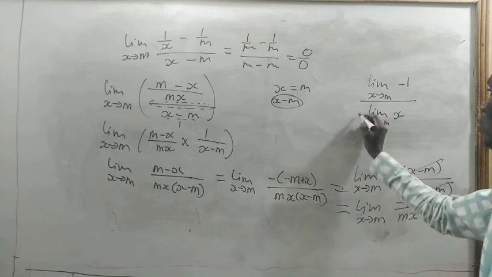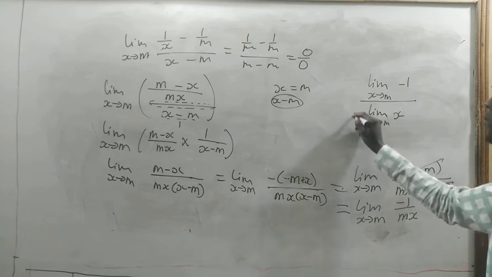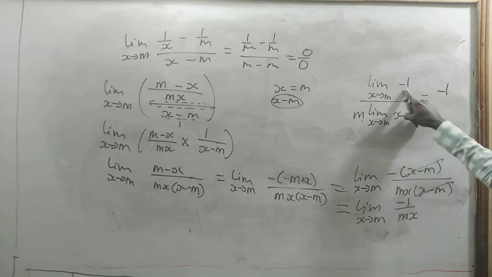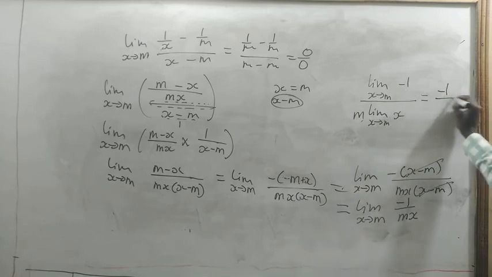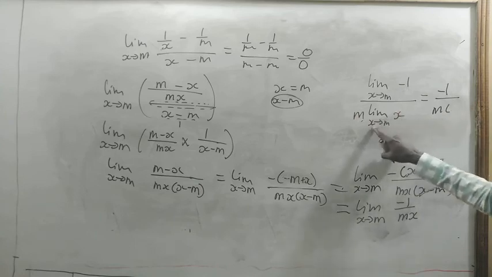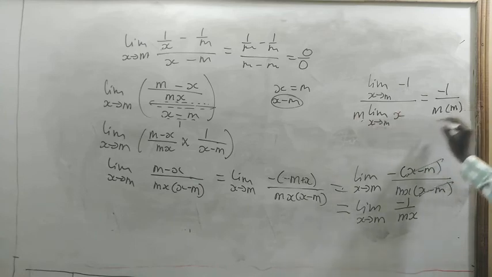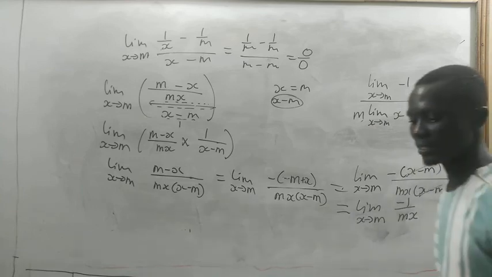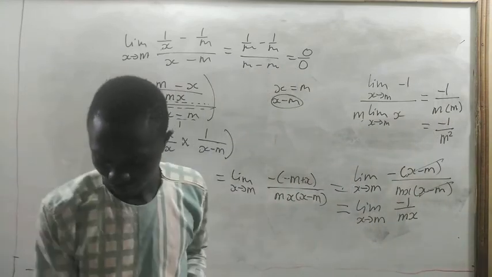M is a constant, so I'll factorize m out. So this will give us negative 1, because the limit of a constant is a constant, divided by m times the limit of x as x approaches m, which is m. So I have negative 1 divided by m squared as our answer.